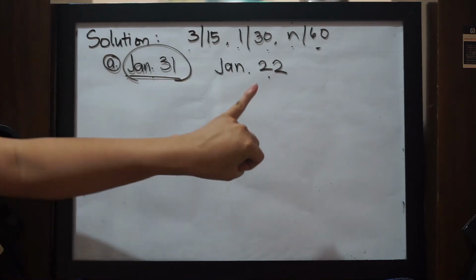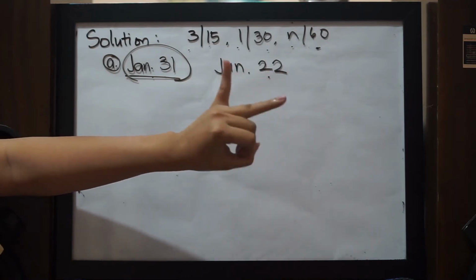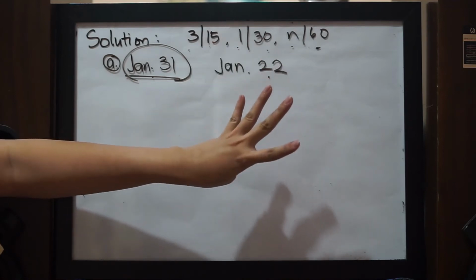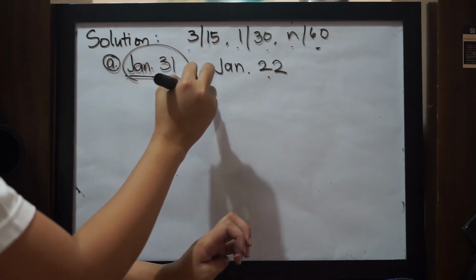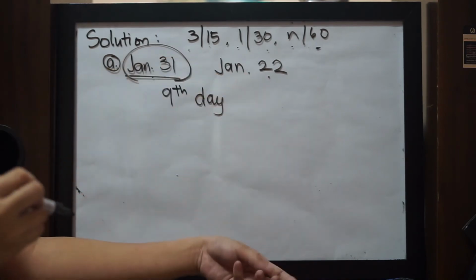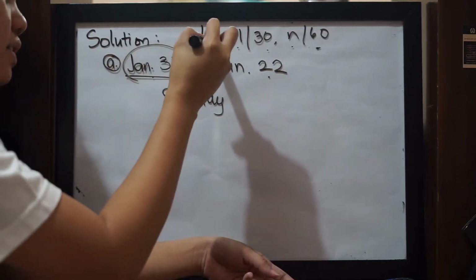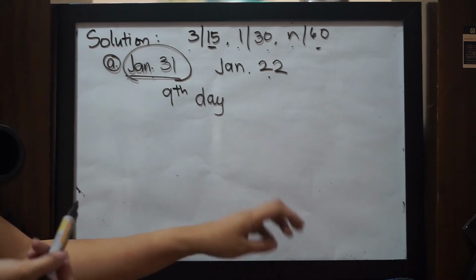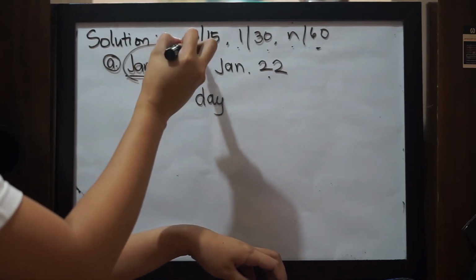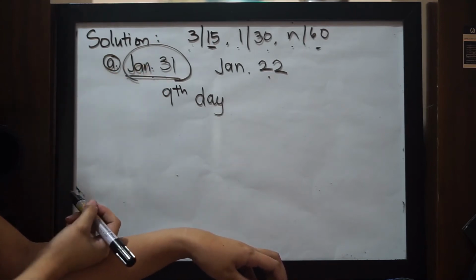We have 23, 24, 25, 26, 27, 28, 29, 30, 31. So, January 31 is the 9th day from January 22. And this 9th day, January 31, is within 15 days. So, they will give you a 3% discount if you pay on January 31.